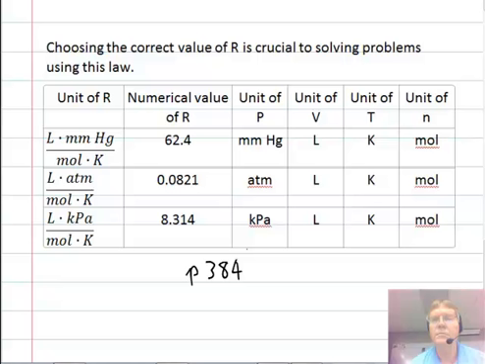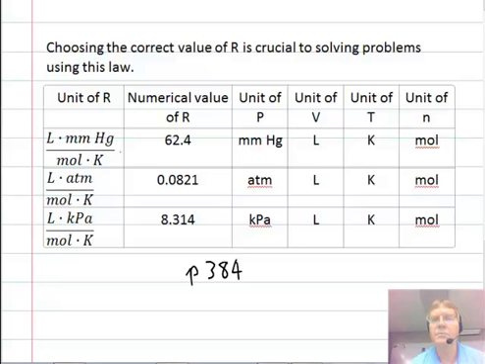You'll see that the units of R, they look kind of daunting there. For example, the top one there is liter millimeters of mercury per mole Kelvin. These are the units that allow R to cancel out the other values that are used in that formula, so that our units remain consistent.